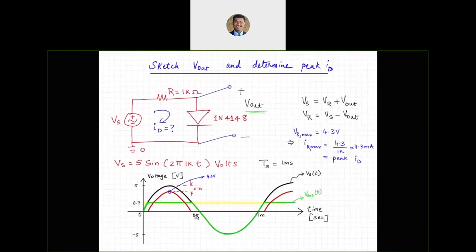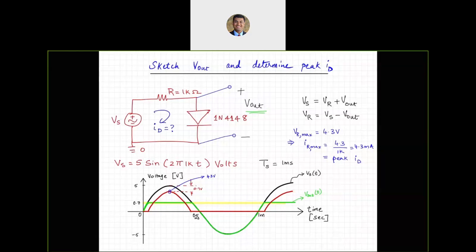All right. So I hope this example was useful. A few key things that I would like for you to take away from this: the sinusoidal voltage is going up and down, so that's the full cycle. That's your Vs. However, if I were to look at only the voltage across the resistor, you are only getting positive half cycles.